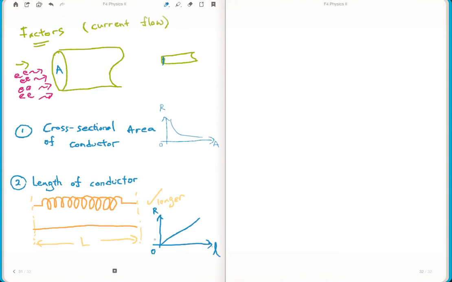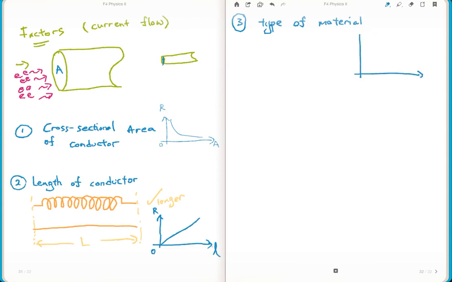Okay. Then the third factor would be the type of material. The type of material, I think, is rather hard to justify. One way to look at it would be the characteristic curve.